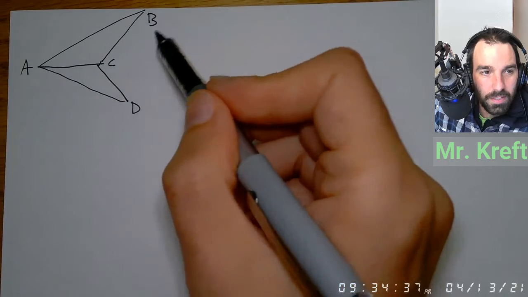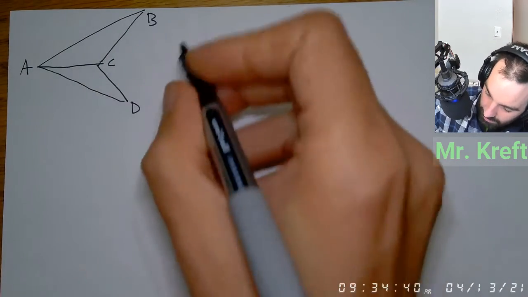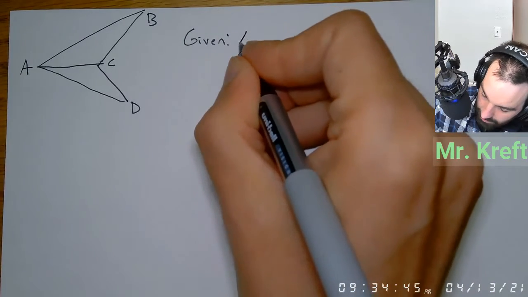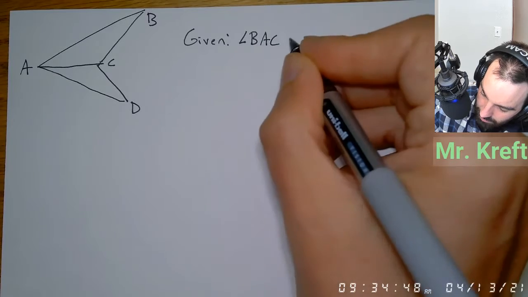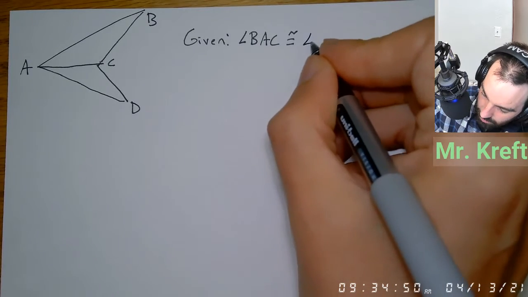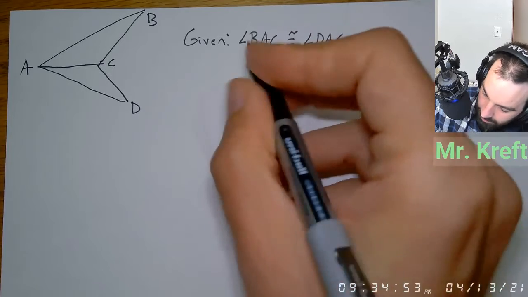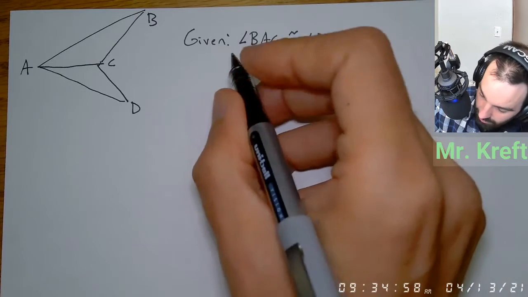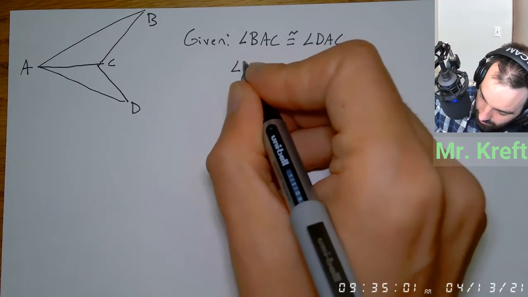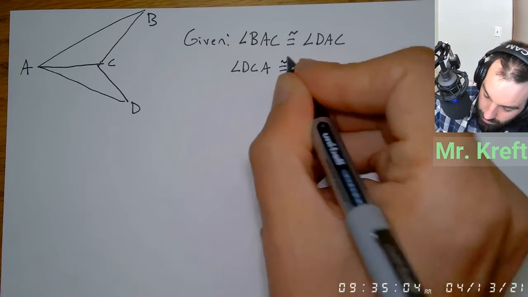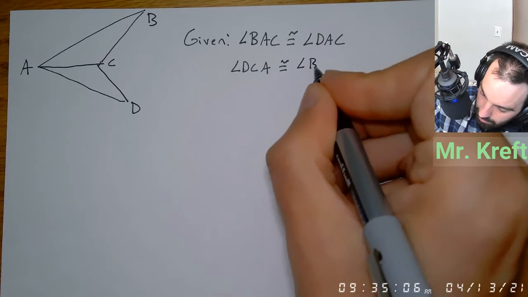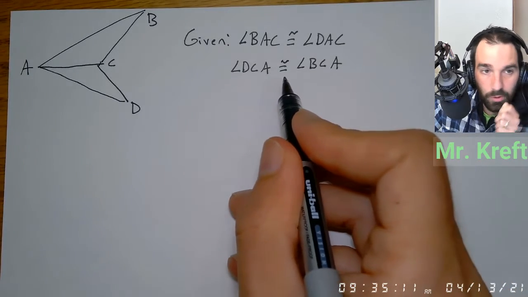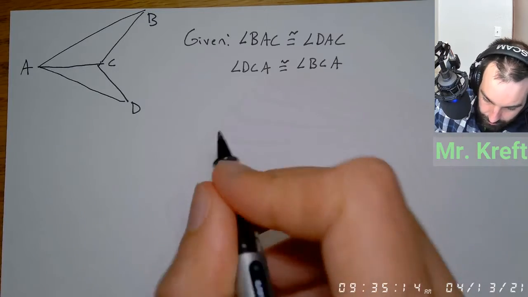So I have this shape. I have A, B, C, D. Given that angle BAC is congruent to angle DAC, and that angle DCA is congruent to angle BCA.